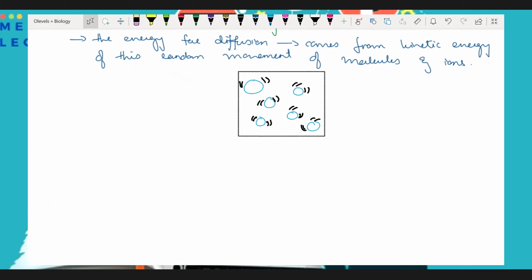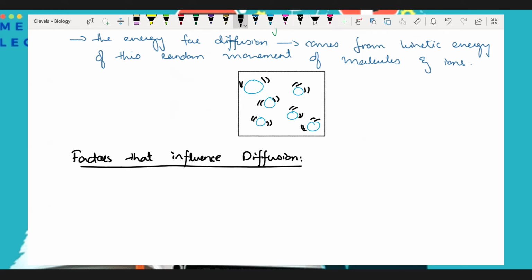Now we have to see what are the factors that influence diffusion. The first one is the surface area to volume ratio, right? The other one is distance. The next is temperature.